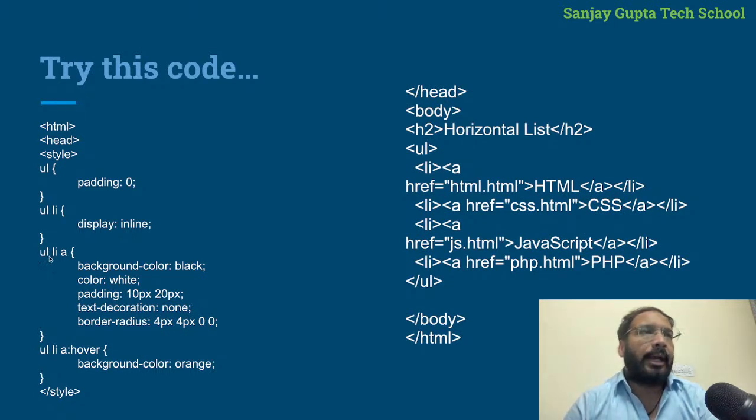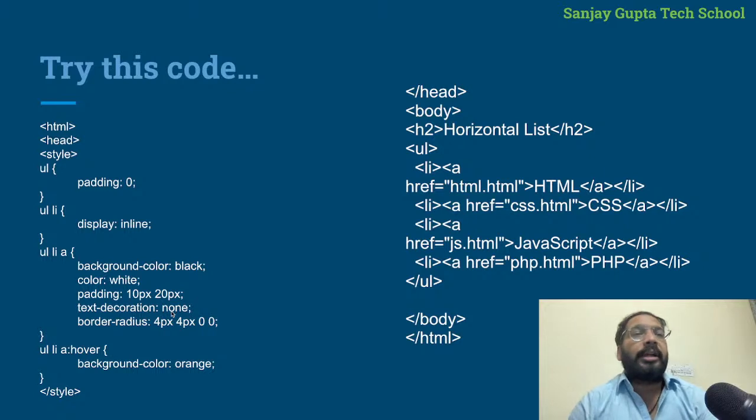Then we have ULLIA. This CSS will be applied on the A element. The A element background color will be black, foreground color will be white, padding will be 10px, 20px. So 10px from top and bottom, and 20px from left and right. Then text decoration none. Generally if we create hyperlinks, we have an underline.